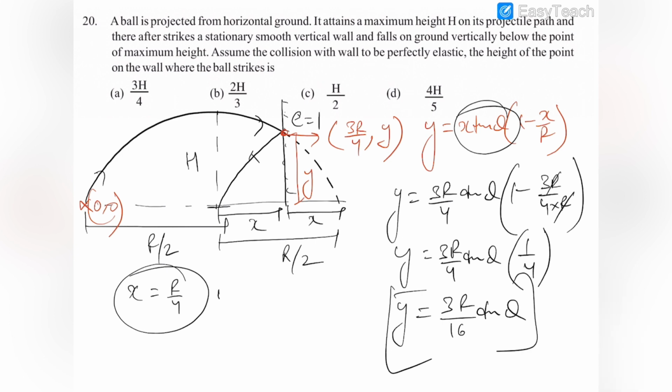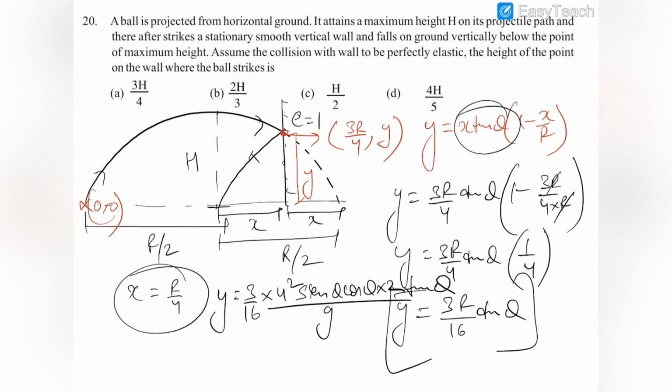So we know that y is 3 by 16, and the value of range is u square sine theta cos theta into 2 divided by g, and there is a tan theta term also.